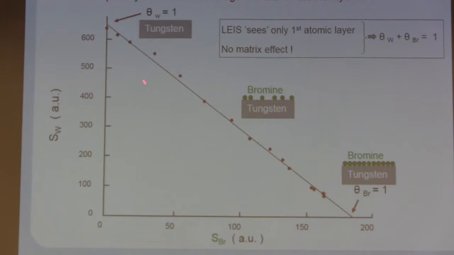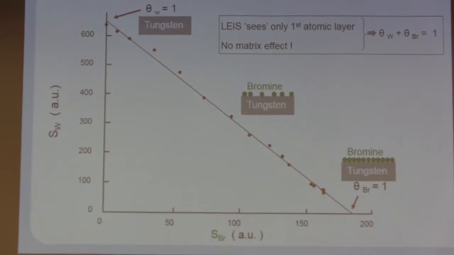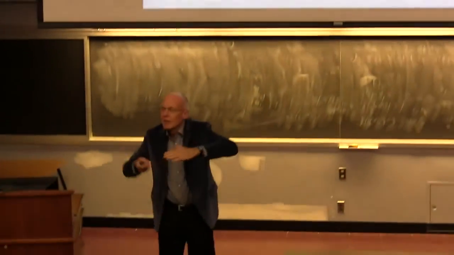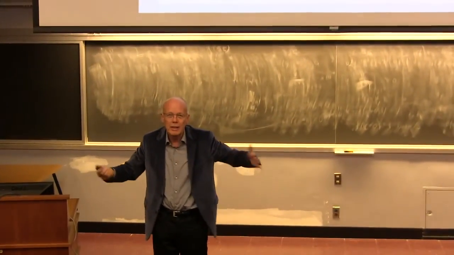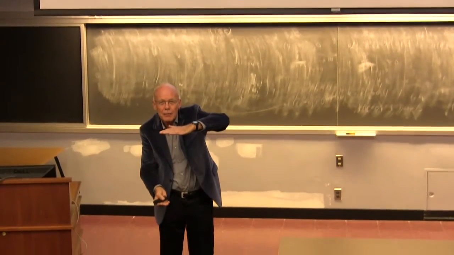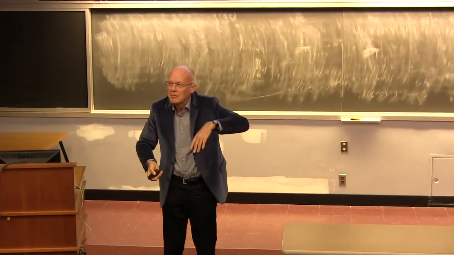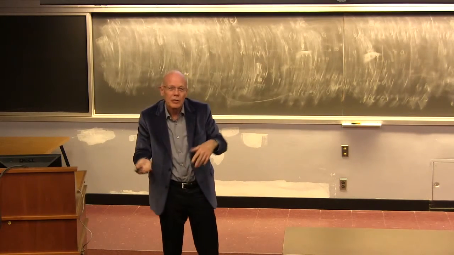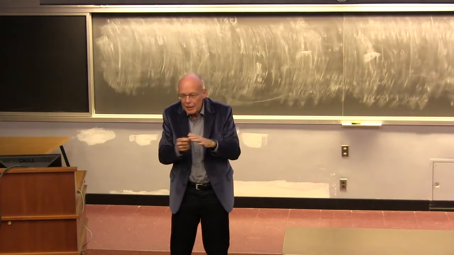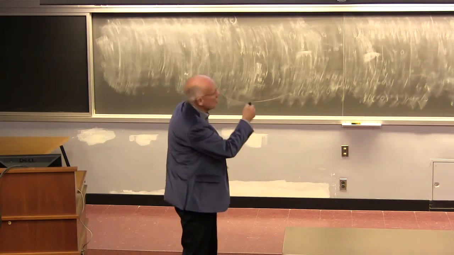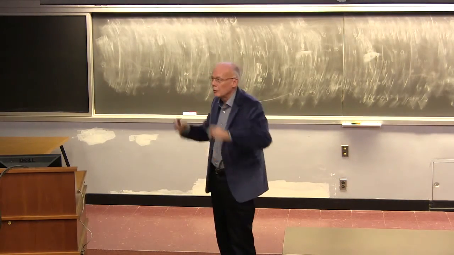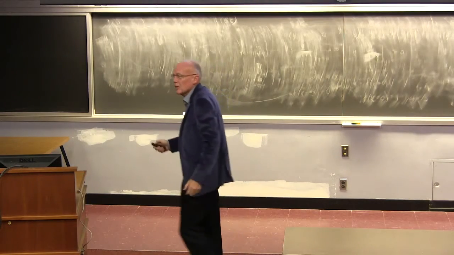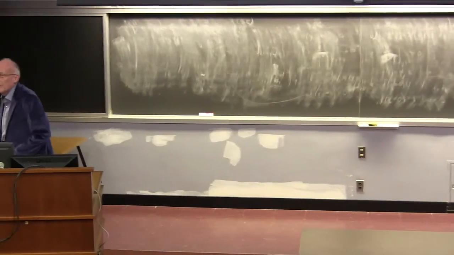That gives you a straight line, up to full coverage. That is typical, but also unique for a surface analysis. If you have another technique like AES or XPS, you get an average over, say, 10 atomic layers or more. Then you will never get a linear relationship. So it's easy to quantify if you just look at the outermost layer. It simplifies things. You don't have to worry about how many atoms there are in the second layer.